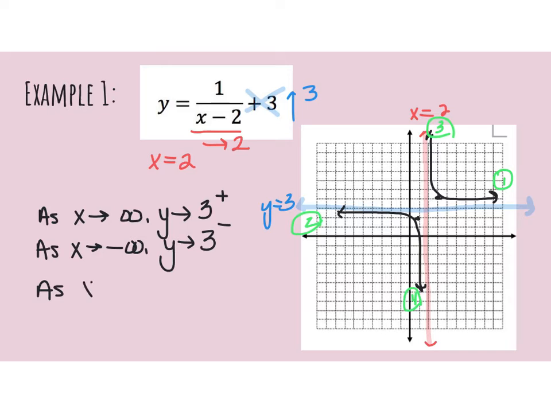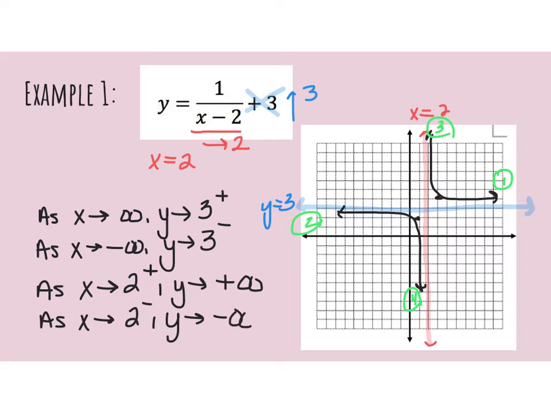So as x approaches 2 from the positive side, that's from the right, y is approaching positive infinity. And as x approaches 2 from the negative side, from the left, y is approaching negative infinity.